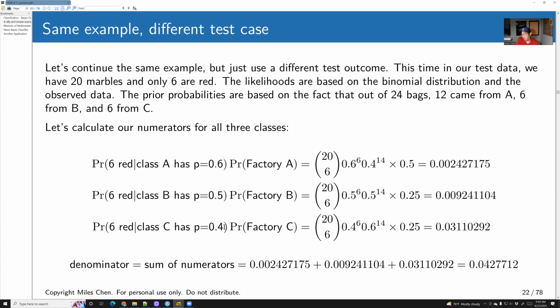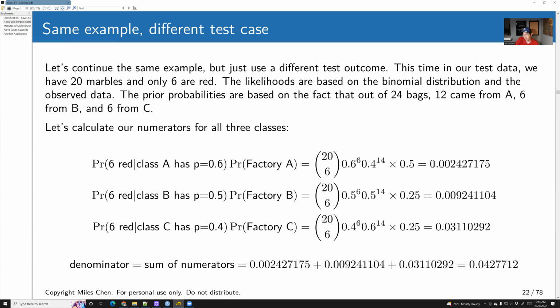Factory C fills up with a rate of 40%, so it's not too hard to believe that it could have just filled up only 6 red marbles, right? With a fill rate of 40% red, we would have expected something around 8 out of 20 red marbles, and we only got 6. That doesn't seem too far off, and we multiply that out, and we get 0.03.